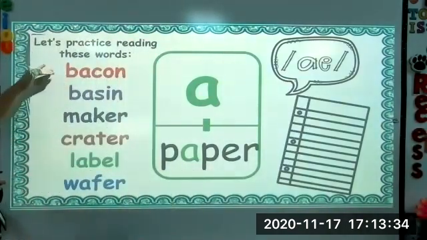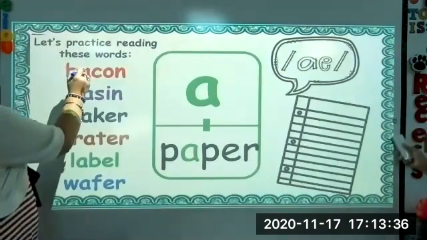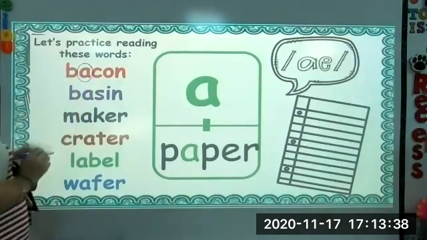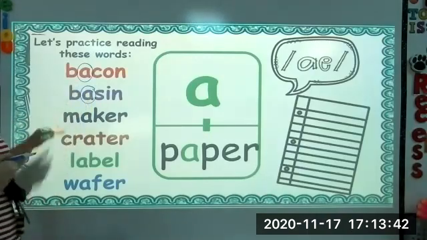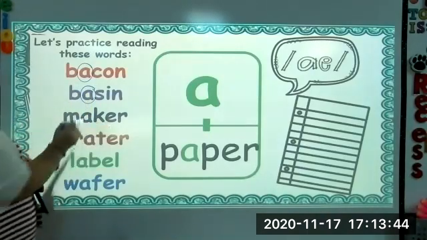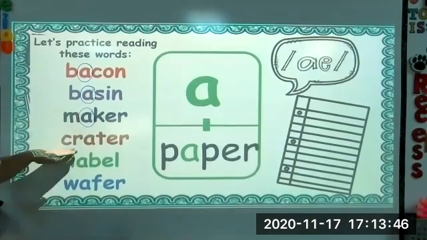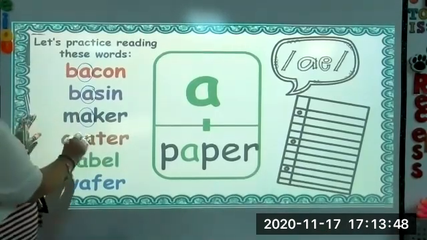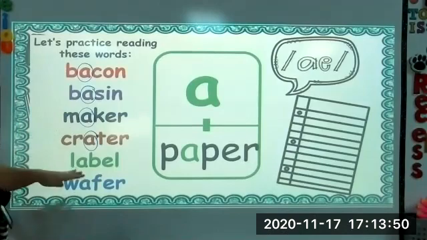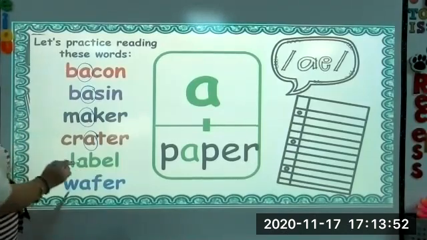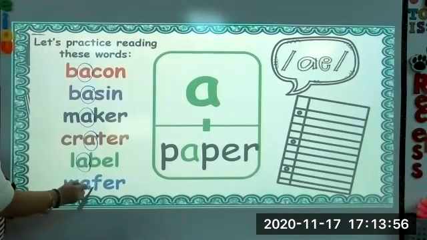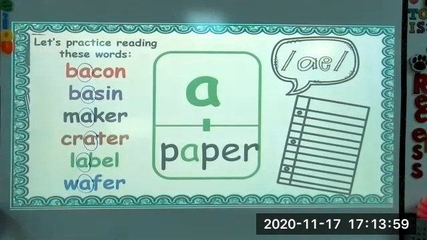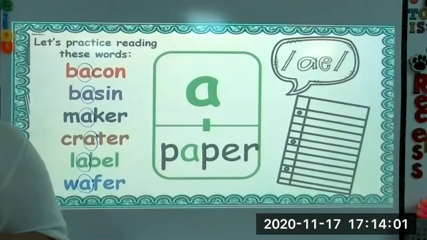And here we have bacon, just the A, basin, just the A, maker, just the A, crater, just the A, label, A, and wafer, just the A. All right.